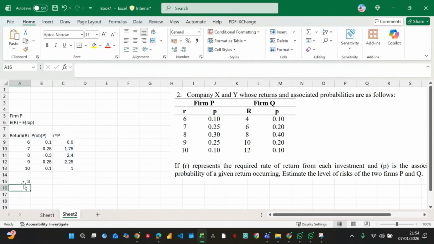Then I will have 8. Do you understand? The answer is 8%, so this is in percentage. That's what we have.